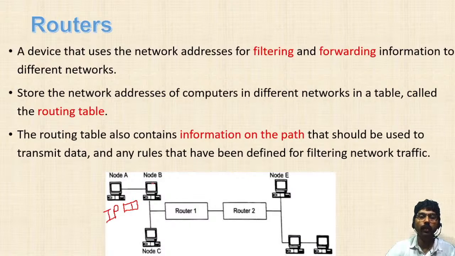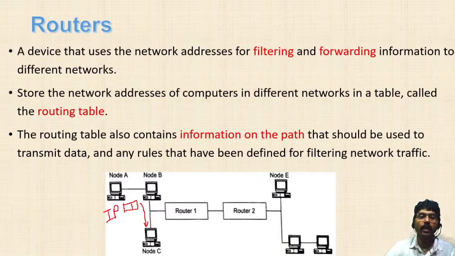It will send it to B, it will send it to C, it will send it to router 1. This packet contains the IP address of node C, so node C will recognize it and accept it. Here, B will reject it.